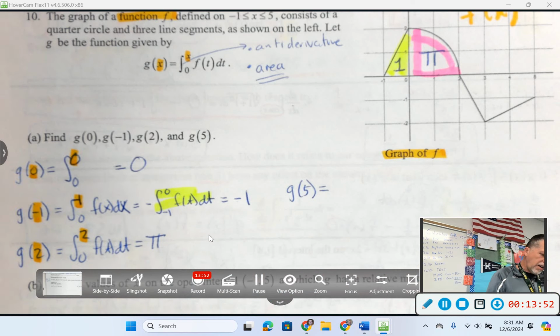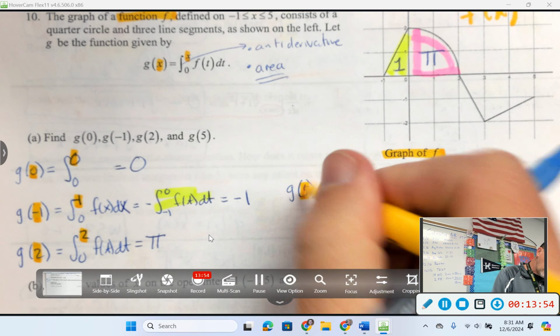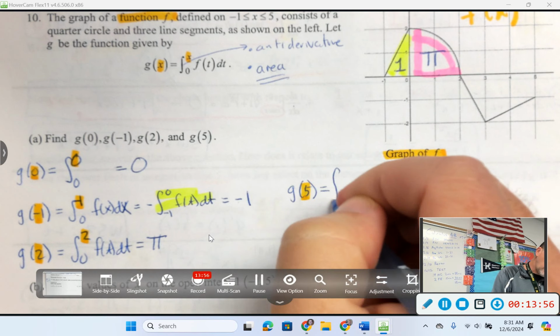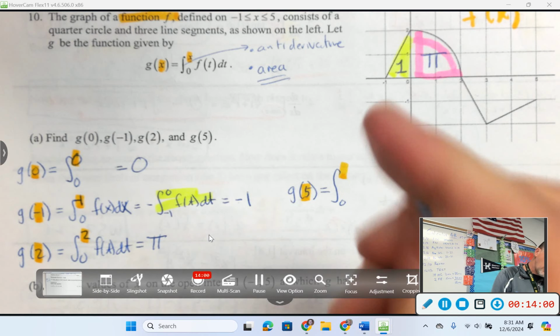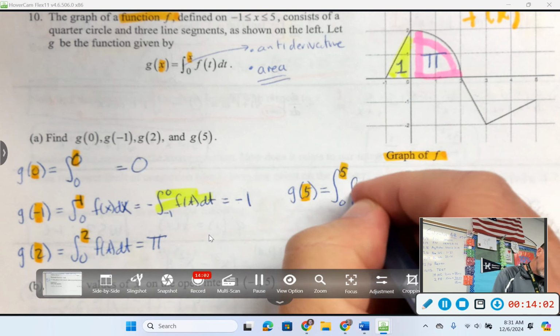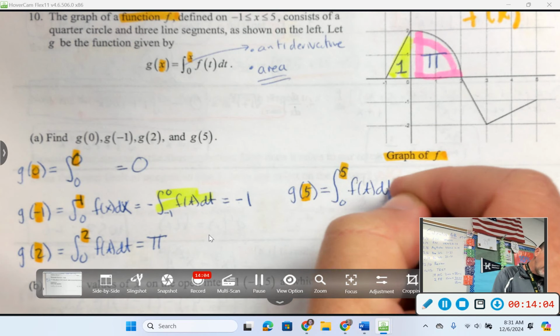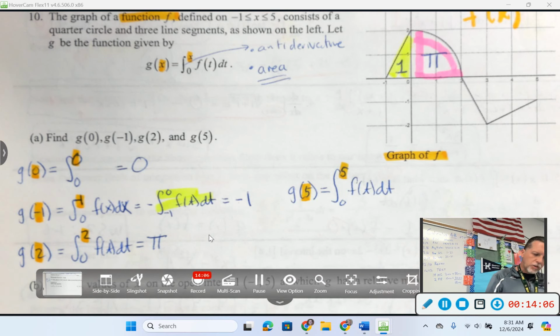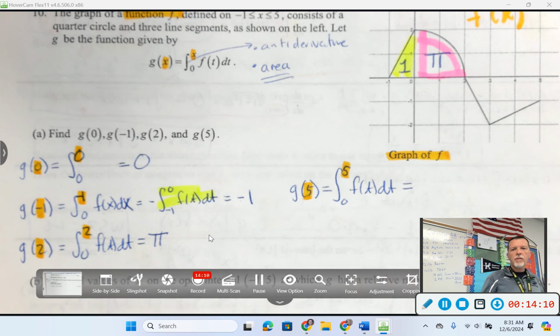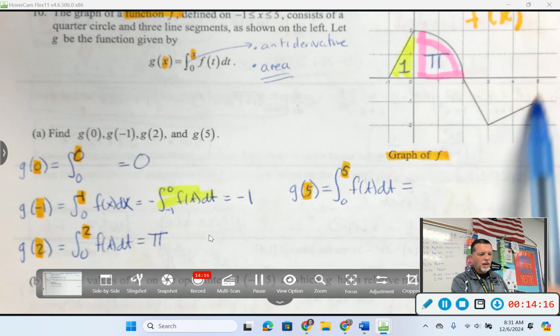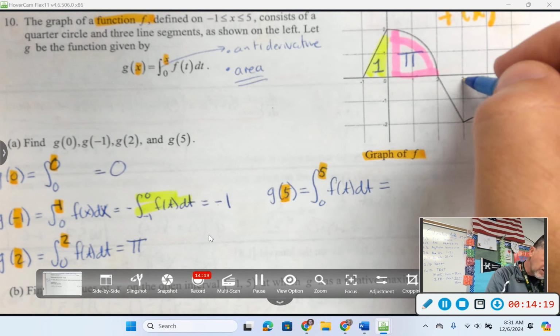G of 5, same thing. 5 is my input, that's my x value, so that's what goes in at the top up here. So I need the area under the graph from 0 to 5. What do I need to be careful about here? There's some negative area, so pi and then minus whatever these two things are.